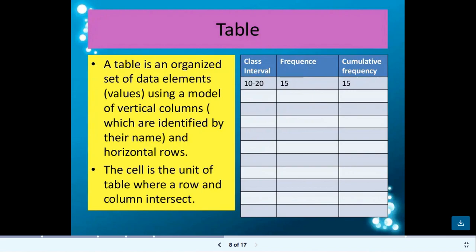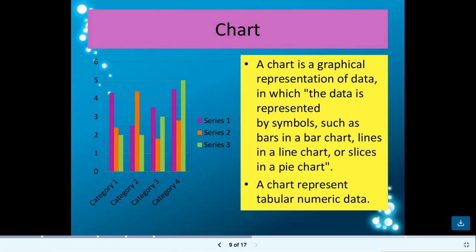They are connected between row and column. Then chart. A chart is a graphical representation of data in which the data is represented by symbols such as bars in a bar chart, lines in a line chart, or slices in a pie chart.